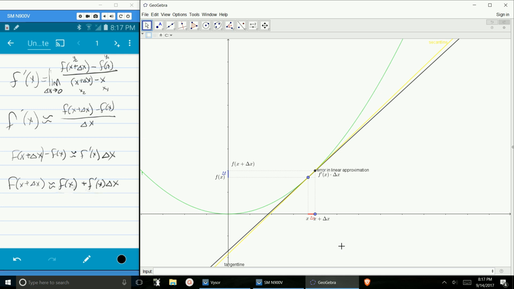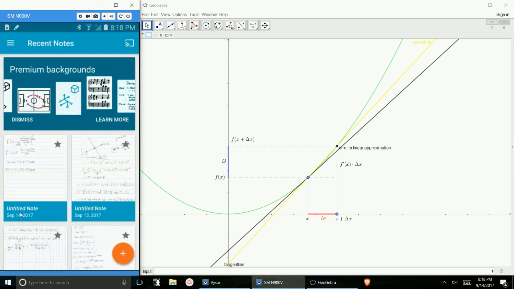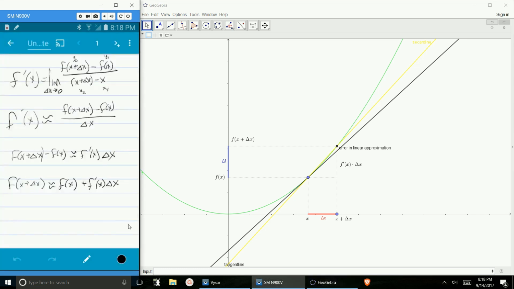Now normally if we take f of x and add delta f to it, we would get exactly this, right? Let's spread this out. If you take f of x and add delta f to it, you get here. So this quantity, this minus this, is delta f, right? This minus this.